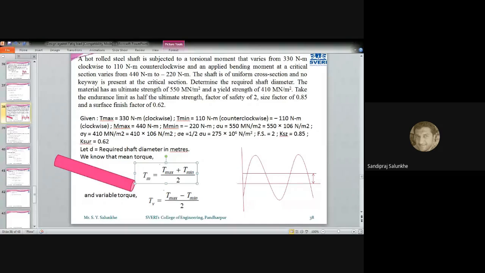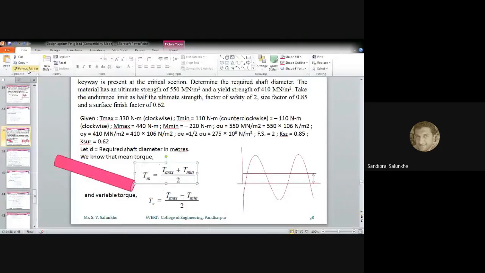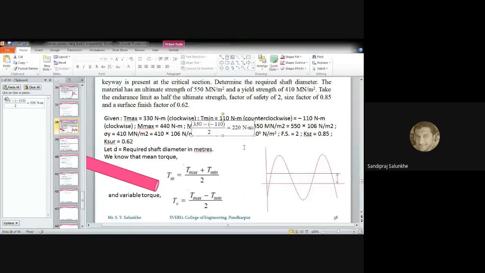So let's check these values. It is 110 and 220. The first value which you are going to get is 110.